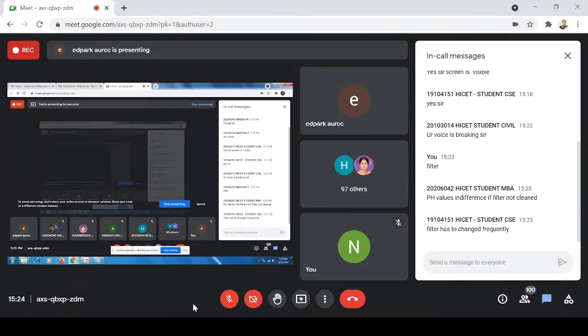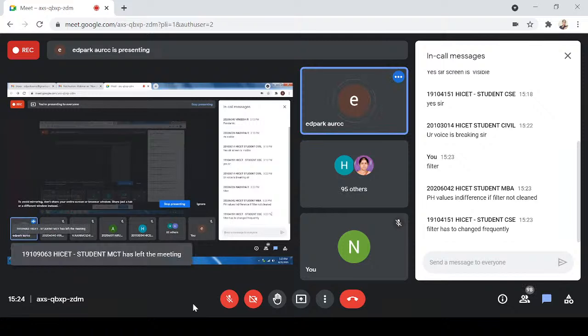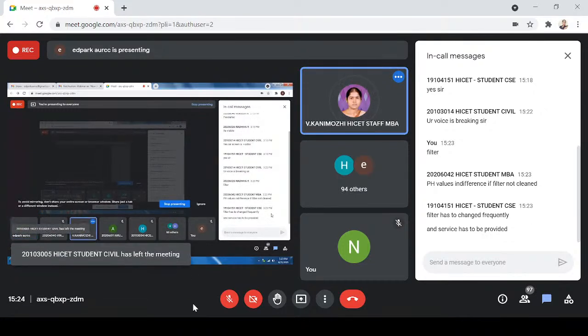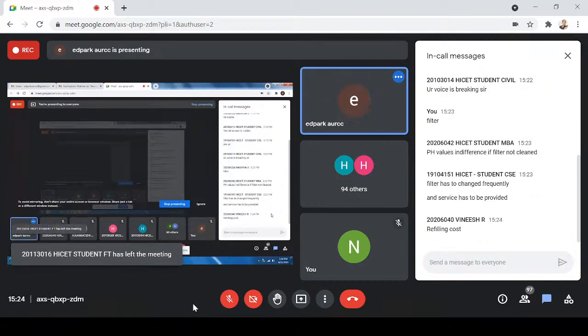Okay, from Nadia, it is the filter. And from MBA, Surya Prasad: the pH value difference, if the filter is not cleaned, and the filter has to be changed frequently and service has to be provided by a service student. And Vinish said refilling cost.